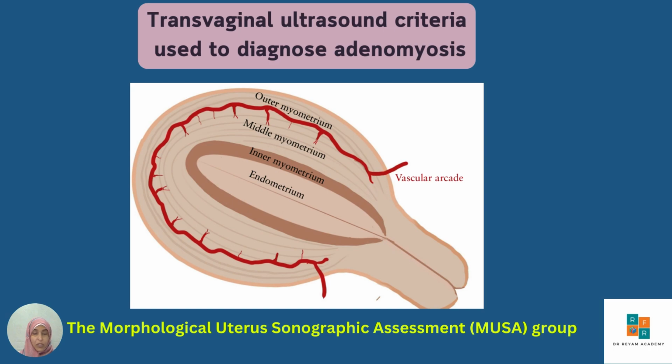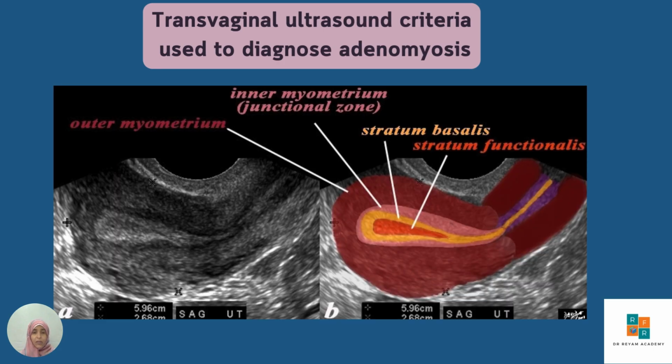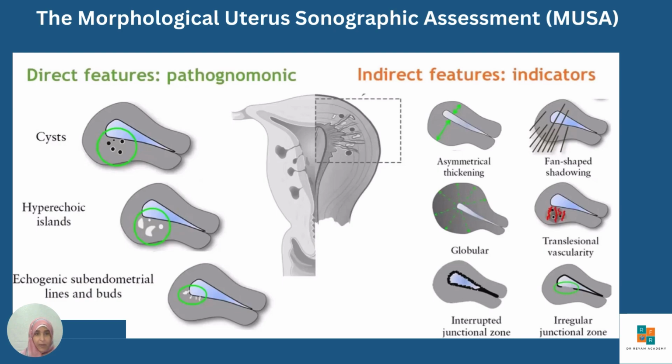And the outer myometrium is located between the arcuate vessels and the uterine serosa. Again, in this image, we can clearly see the hypoechoic halo of inner myometrium or junctional zone surrounding the hyperechoic endometrium.